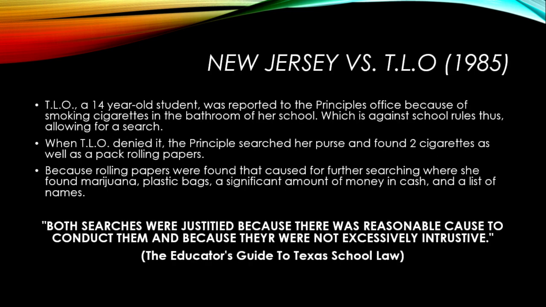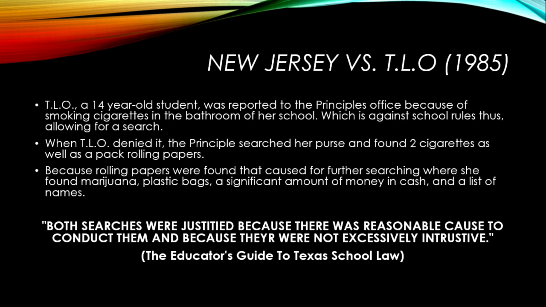Here we're going to be discussing the case New Jersey v. T.L.O., 1985. T.L.O. was a 14-year-old student, and because she was underage, we were unable to get her name. She was reported to the principal's office for smoking cigarettes in the bathroom of her school, which is against school rules, thus allowing for a search.